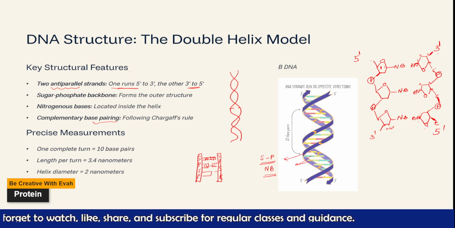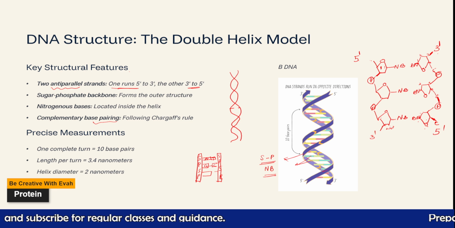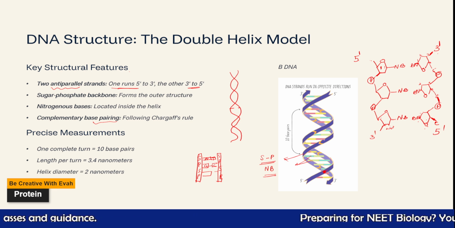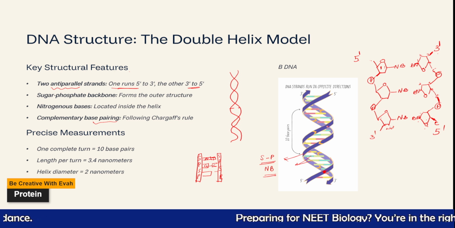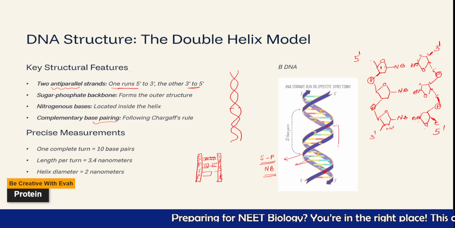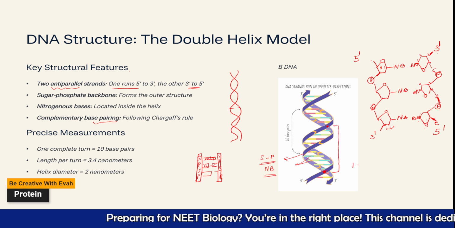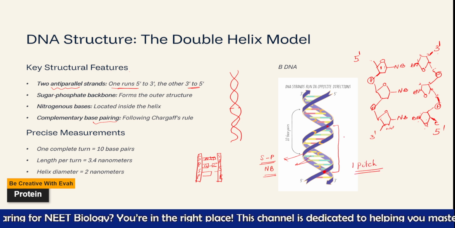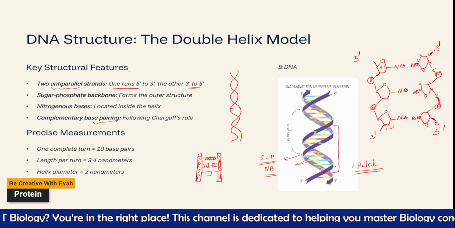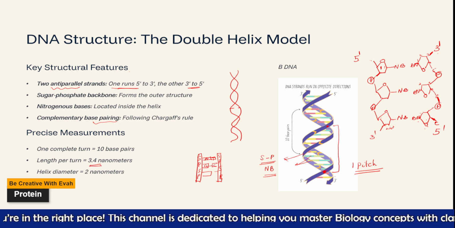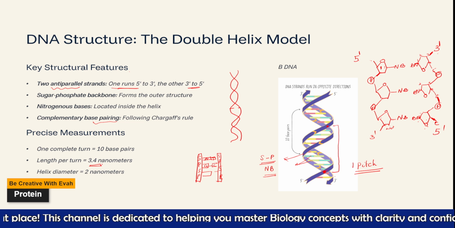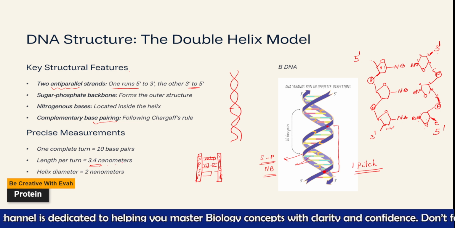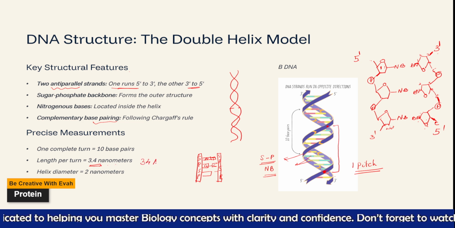Okay, so come back to this diagram. See, there is one complete turn. Suppose a person is standing here in the spiral staircase, the first complete turn till here, this complete turn is called one pitch. The length per turn, or length per pitch, is 3.4 nanometers or 34 angstrom.